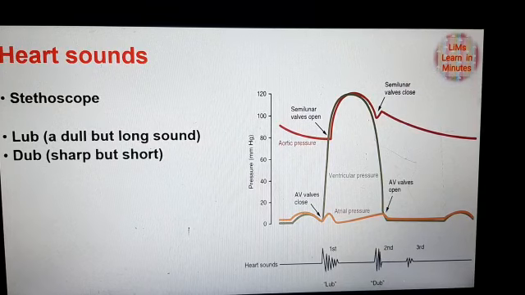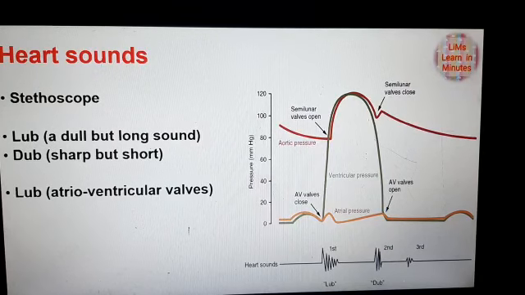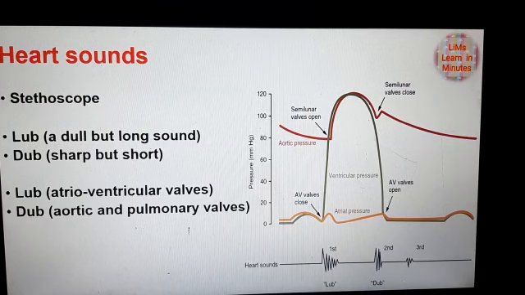The first sound, lubb, is due to the closing of the atrioventricular valves and ventricular contraction. The dub is because of the closing of the aortic and pulmonary valves. When the walls of the heart are deformed or damaged, other heart sounds are also heard, which are known as cardiac murmurs.